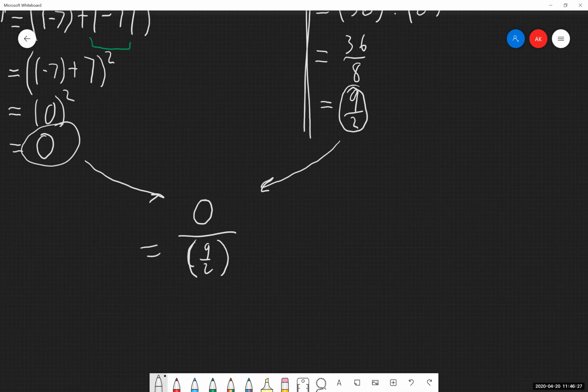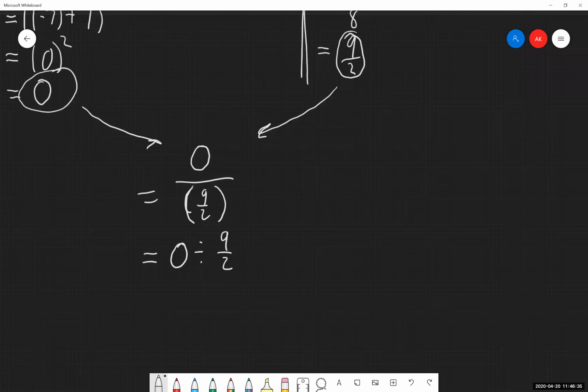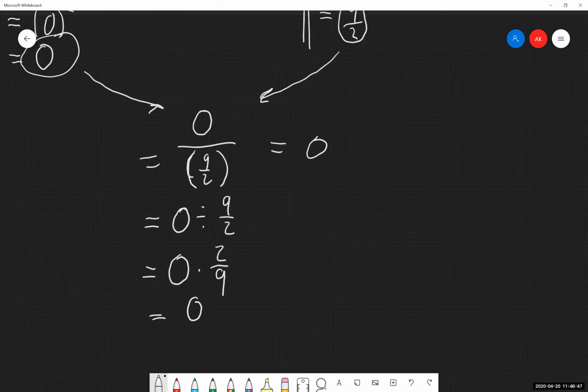You can alternatively write this out like this, as explicitly as division. We don't like dividing by a fraction, so we flip that second part and multiply. 0 times anything is just 0. So whether you get to that answer here or here, you're getting the same thing. Okay.